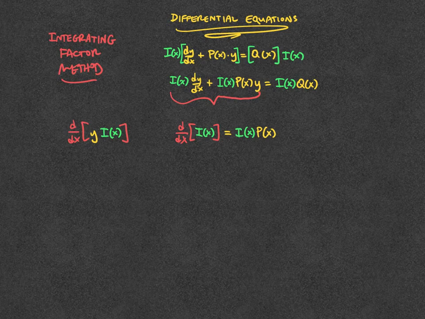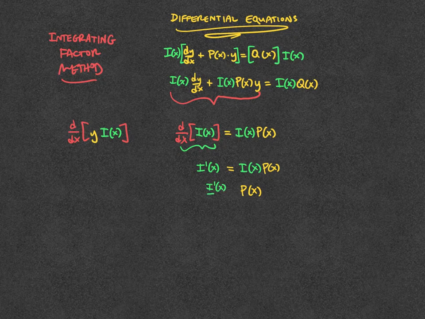I'm going to call this expression here I prime of x. I prime of x would then be equal to I of x p of x, and therefore p of x would be equivalent to I prime of x over I of x.